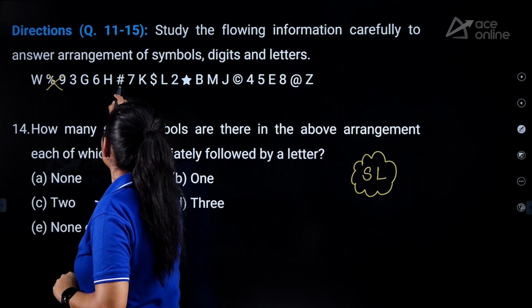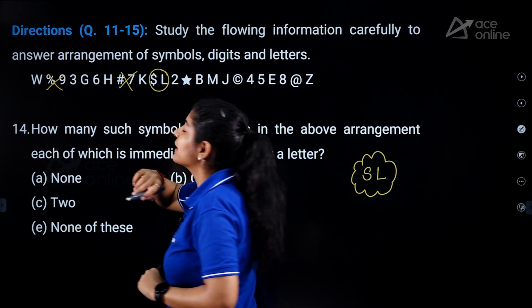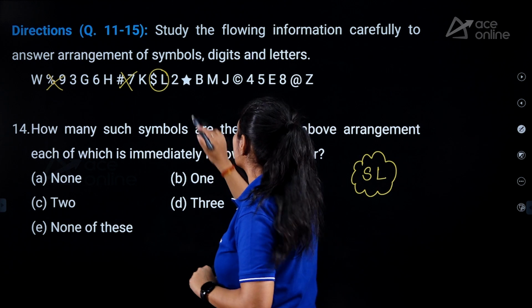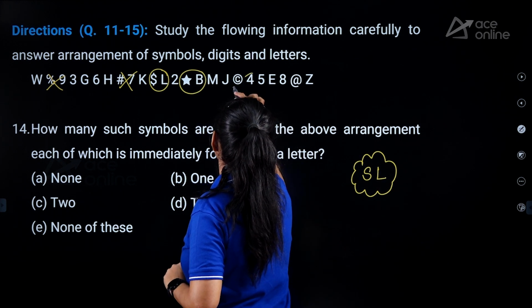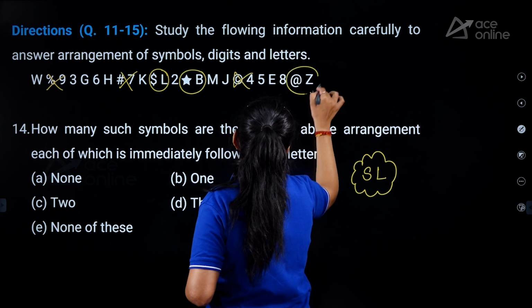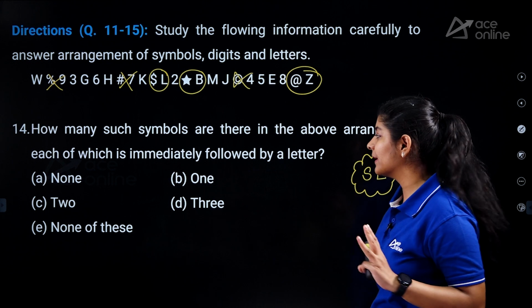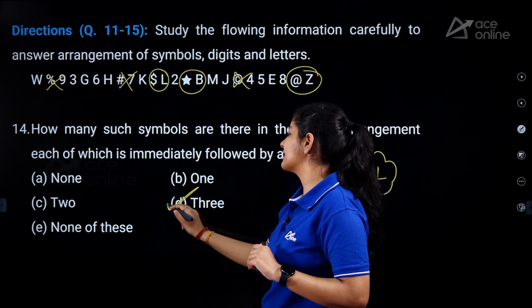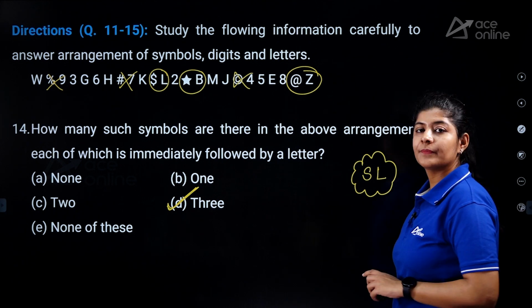No. Symbol, letter? No. Symbol, letter? Yes. So we will get our first pair. Symbol, letter? Yes. Symbol, letter? No. Symbol, letter? Yes. So basically, how many pairs are we having? Again, we are having 3 pairs. That means your option number D is the correct one. Next.